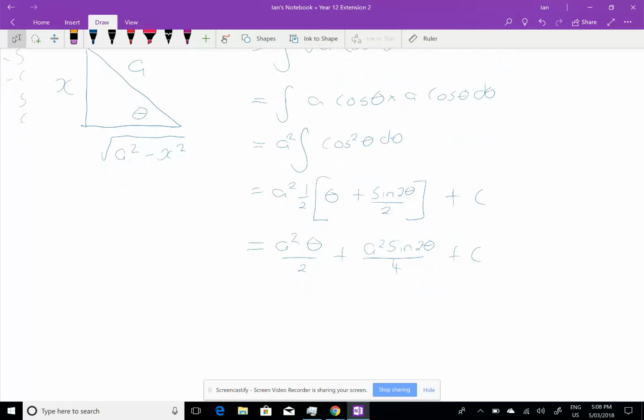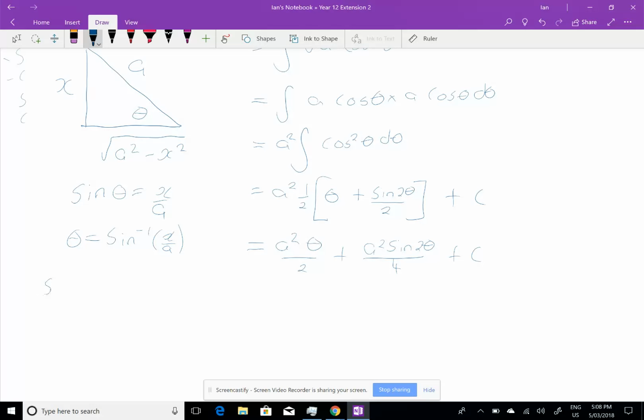Now, sine theta equals x on a. Theta equals inverse sine of x on a. Okay, so what do we do here?